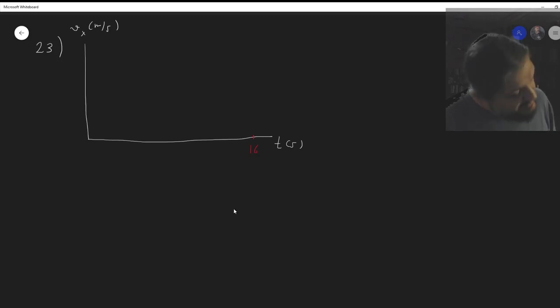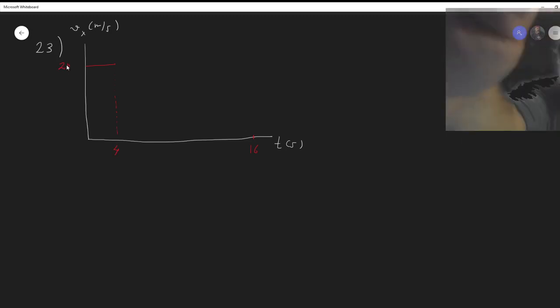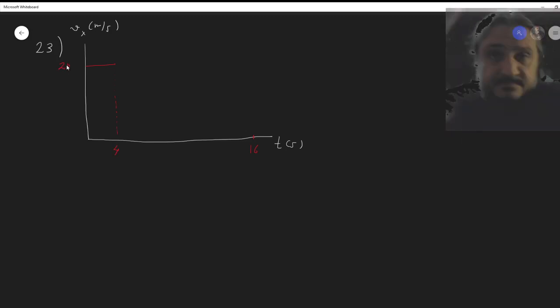All right. The first 4 seconds, the velocity doesn't change. That's 20. Okay, my cat is messing with the camera again. All right, 20.